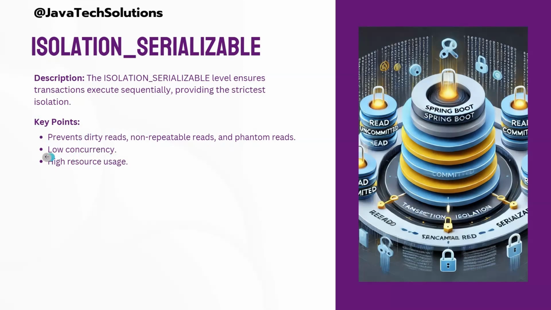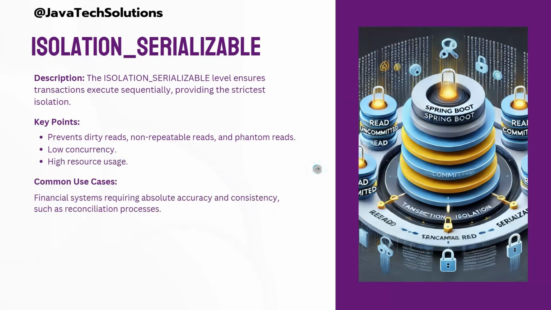But it has some disadvantages like low concurrency and high resource usage. Common use cases: financial systems requiring absolute accuracy and consistency, such as reconciliation processes. Then we are going to use this isolation serializable.